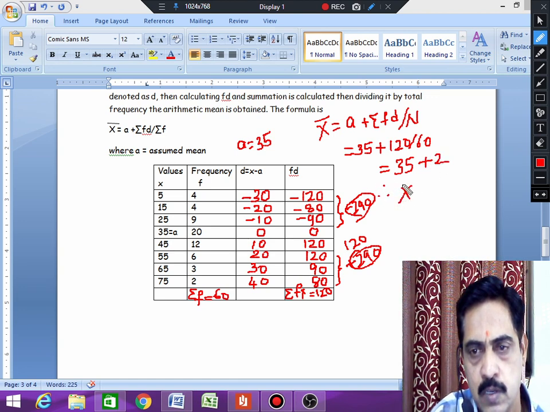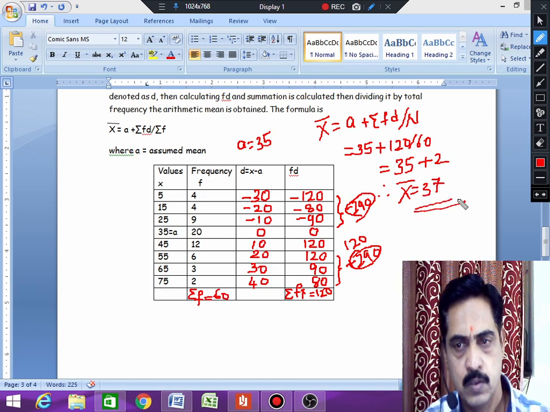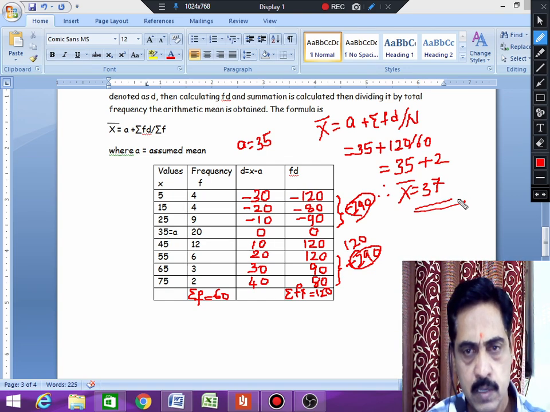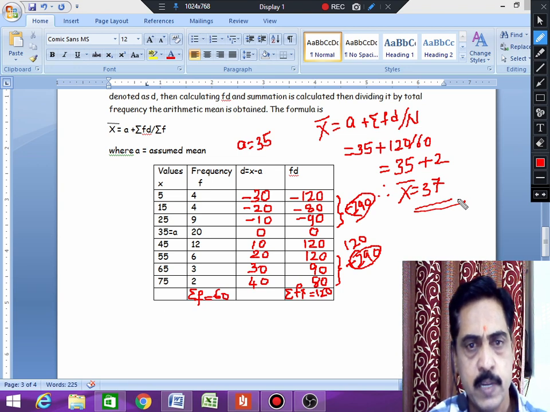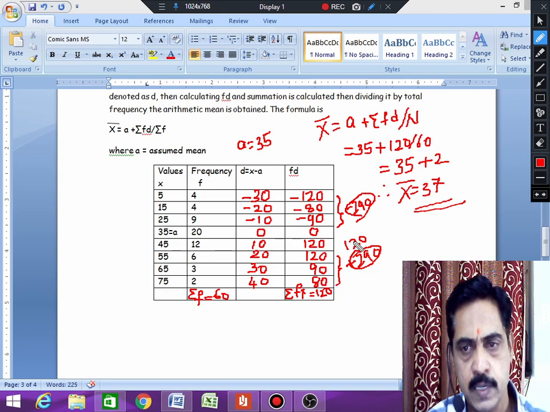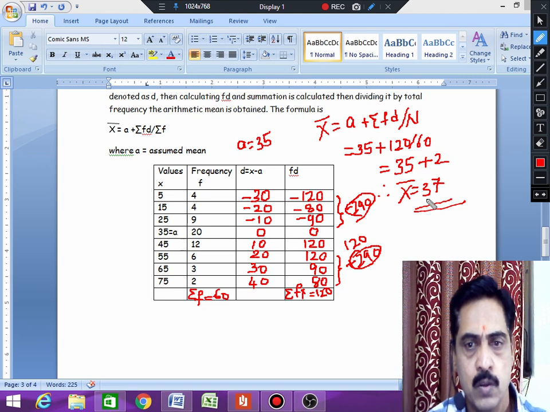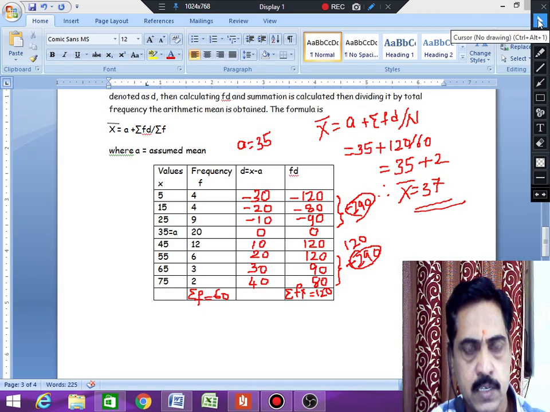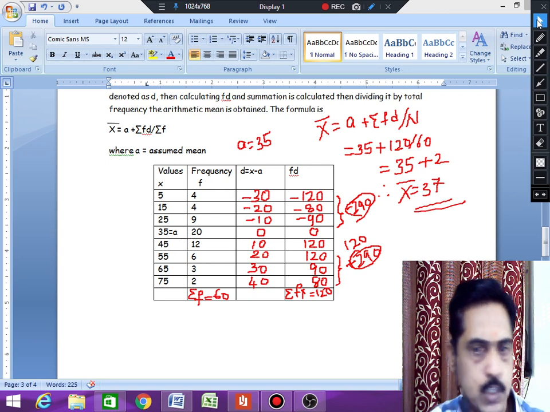Therefore x bar equals 37. For the same problem, when I calculated the arithmetic mean by the direct method, I got 37, and when I used the shortcut method, I also got the same answer. That means whatever the method, either direct or shortcut, the answer should be the same.